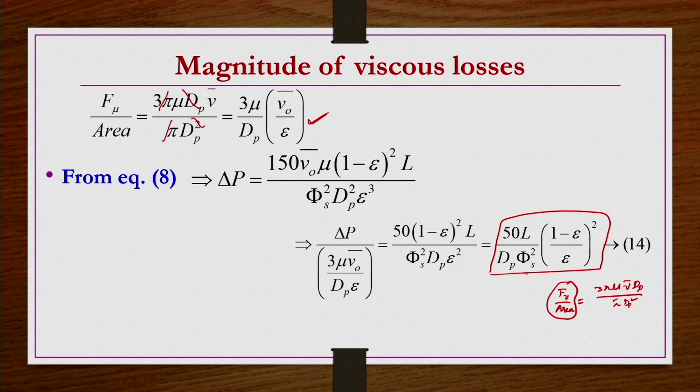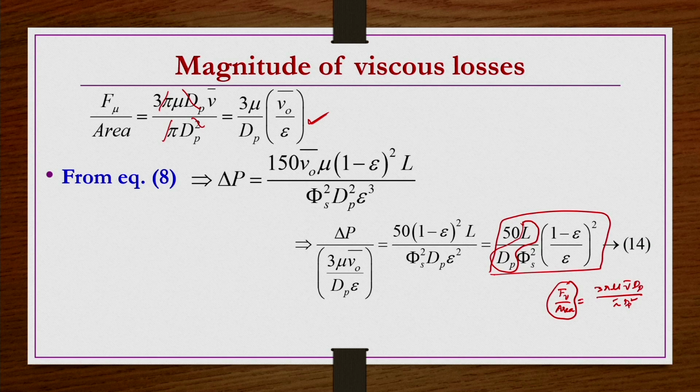So for one layer of particles, the pressure drop is going to be 50 times L (1 minus epsilon) by epsilon whole square times the viscous forces. Here we also have L by dp, so that indicates per layer of particles. So this is about the magnitude of viscous losses and then kinetic losses, right.